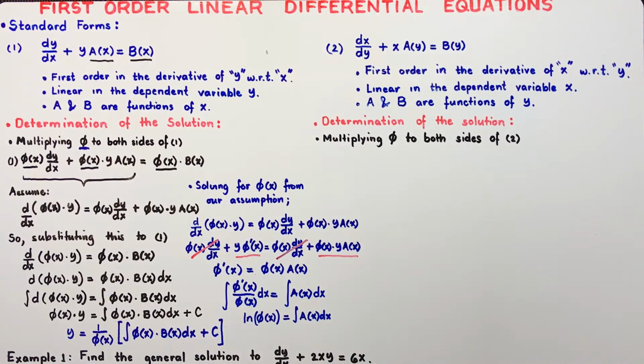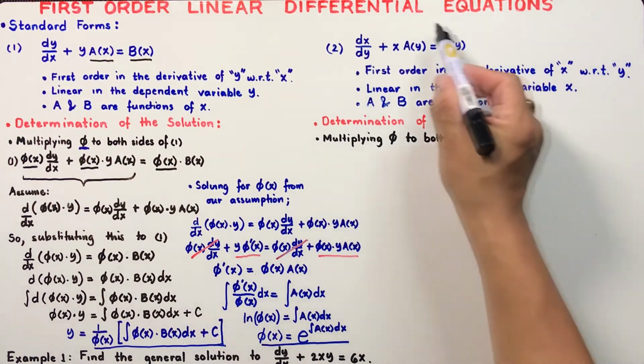And raising both sides of the equation to e, we have this natural log here will be cancelled. So this is phi of x, which is equal to e raised to the integral of a of x dx. So this is now our integrating factor that we need for our solution here.